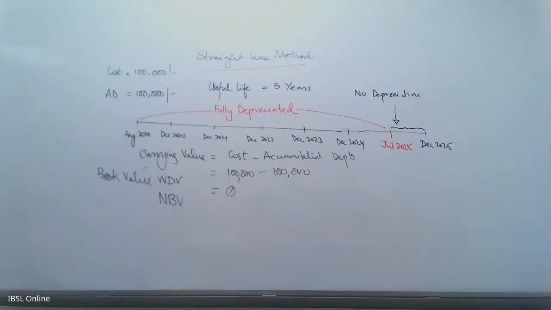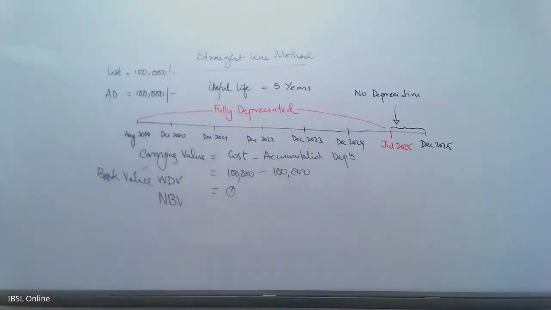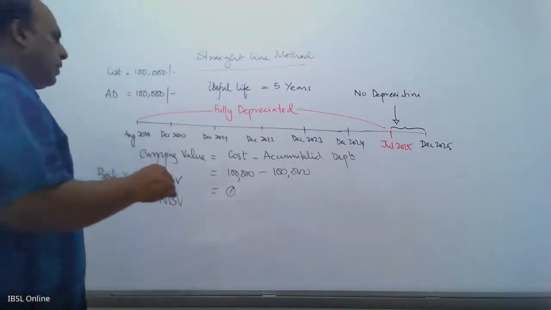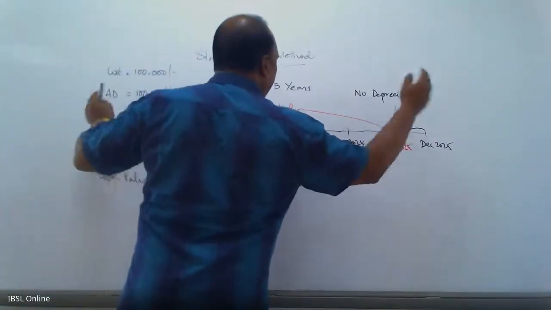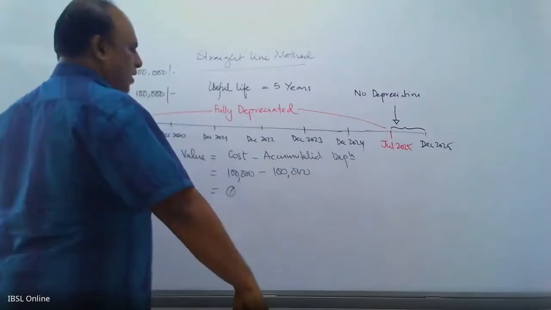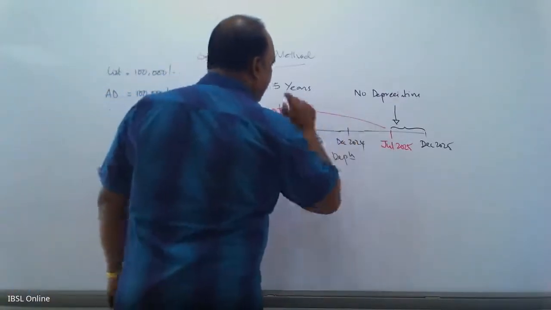If you expected it to be used for 5 years, you might not be able to use it. You might have to sell it or scrap it before that. But if you keep on servicing the vehicle properly and doing all the other stuff on time, the useful life of the asset will be more, even though for accounting purposes, we will say it's only 5 years.